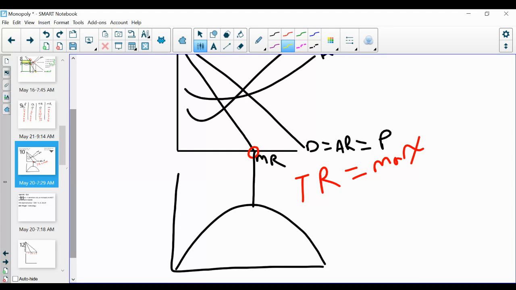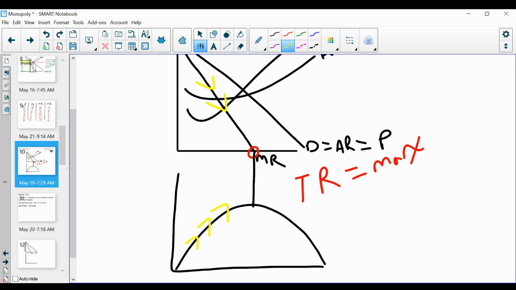What you should be able to see here is that marginal revenue is going down, and as marginal revenue is going down, our total revenue continues to increase. So that's an important concept for you to understand, the relationship between these.